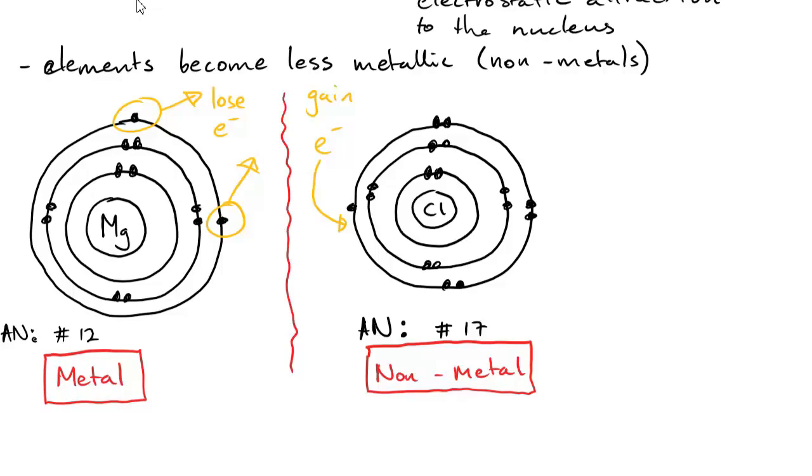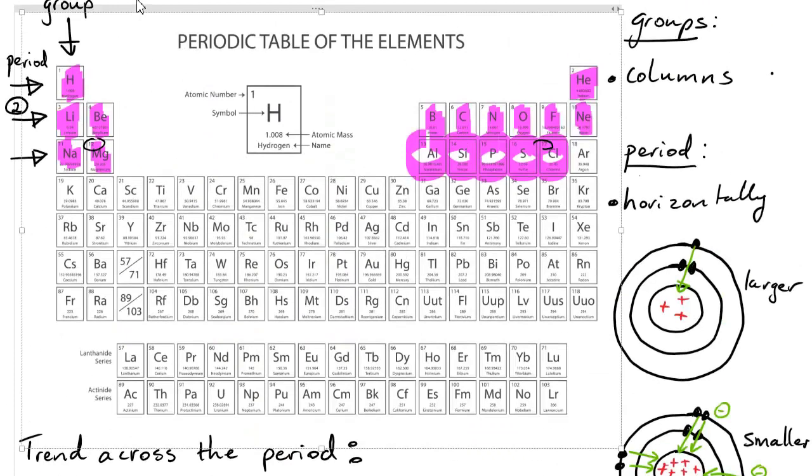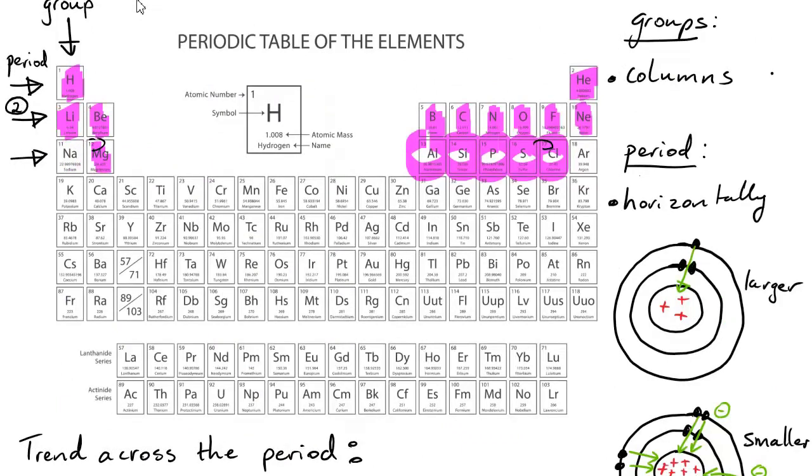You can see chlorine is further down the period than magnesium, and you can see this in the actual periodic table. Look at the position of magnesium and look at where chlorine is found. Okay, so magnesium is right here, chlorine is right here.